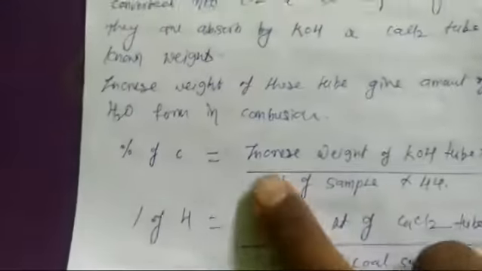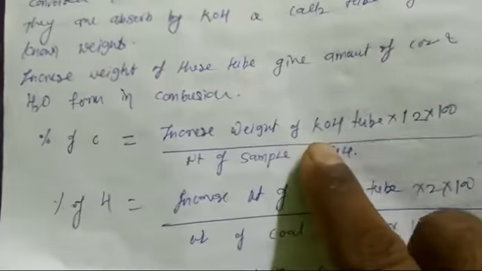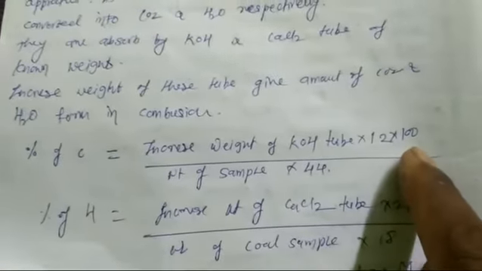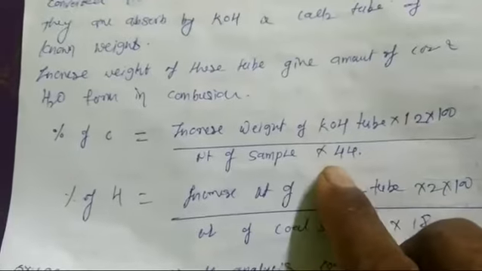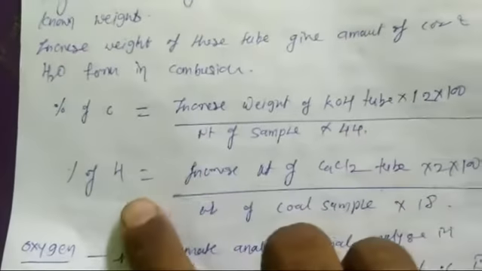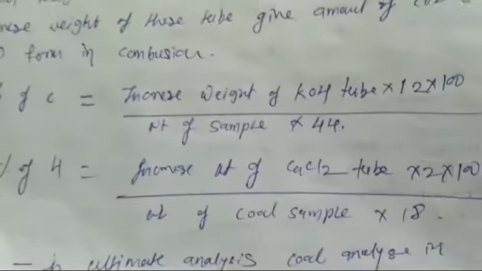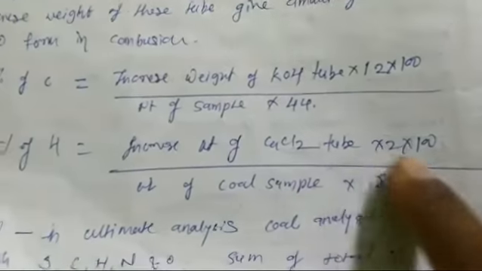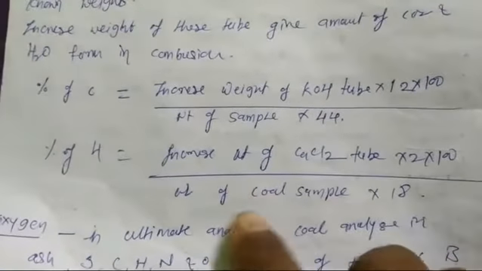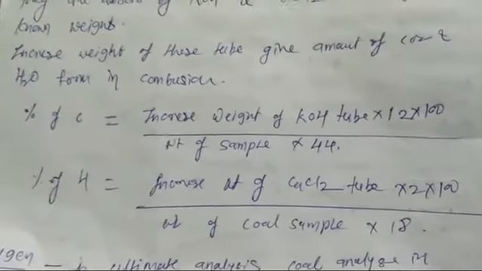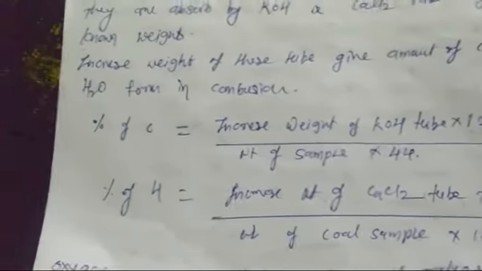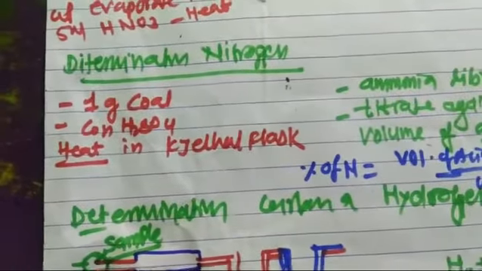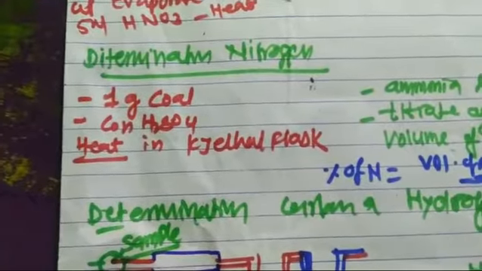Formula for percentage of carbon: increase in weight of KOH tube into 12 into 100 divided by weight of sample into 44. And percentage of hydrogen: increase in weight of CaCl2 tube into 2 into 100 divided by weight of coal sample into 18. So next point is the determination of nitrogen.